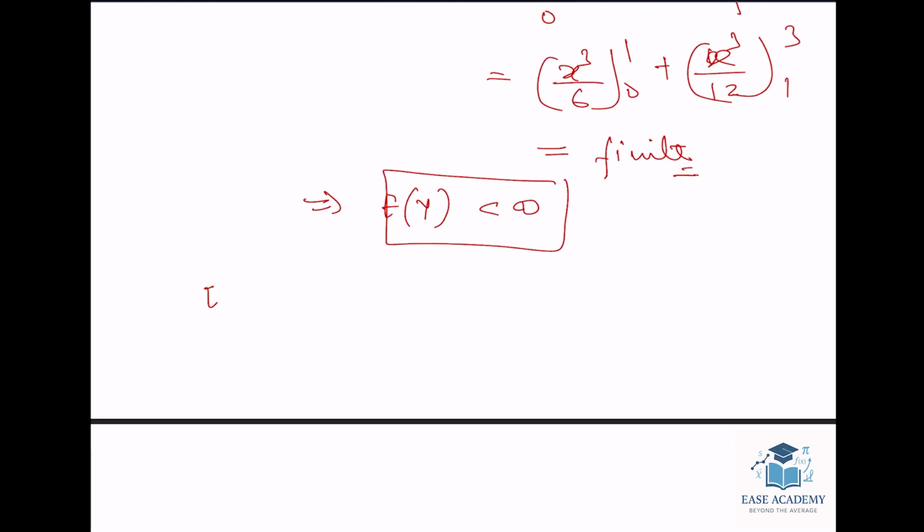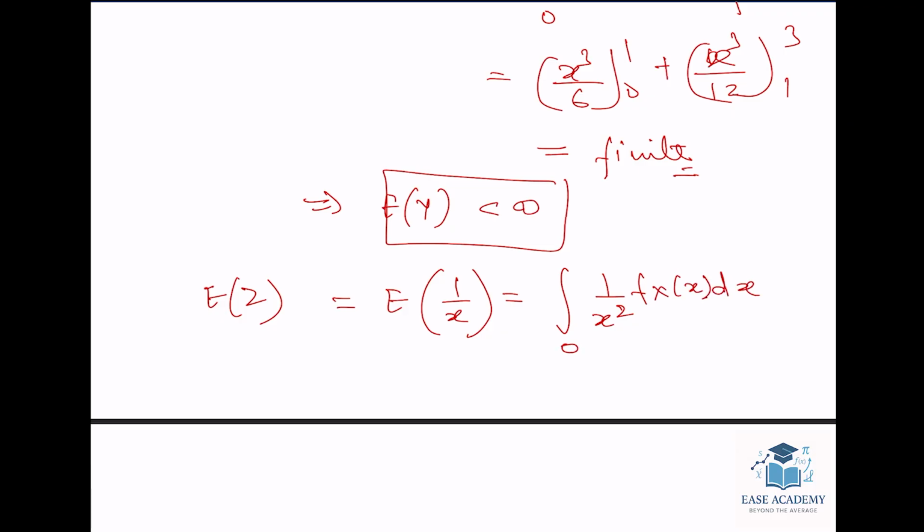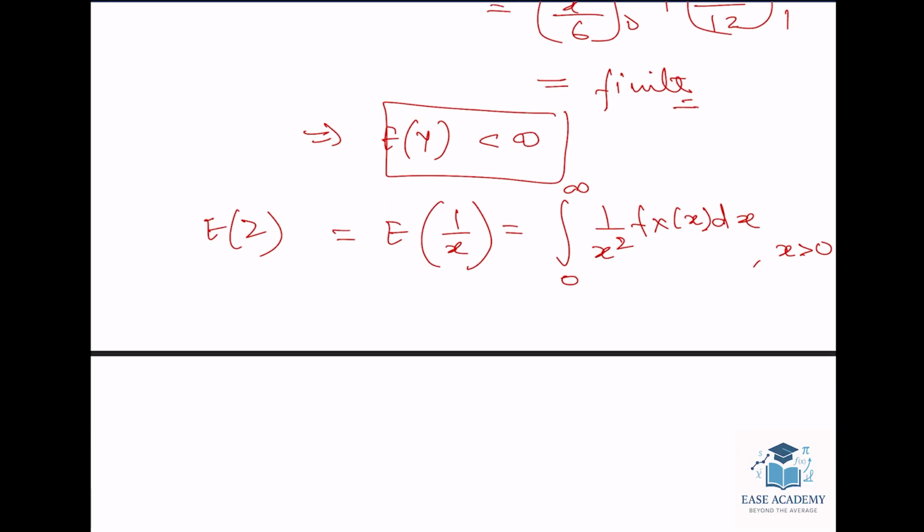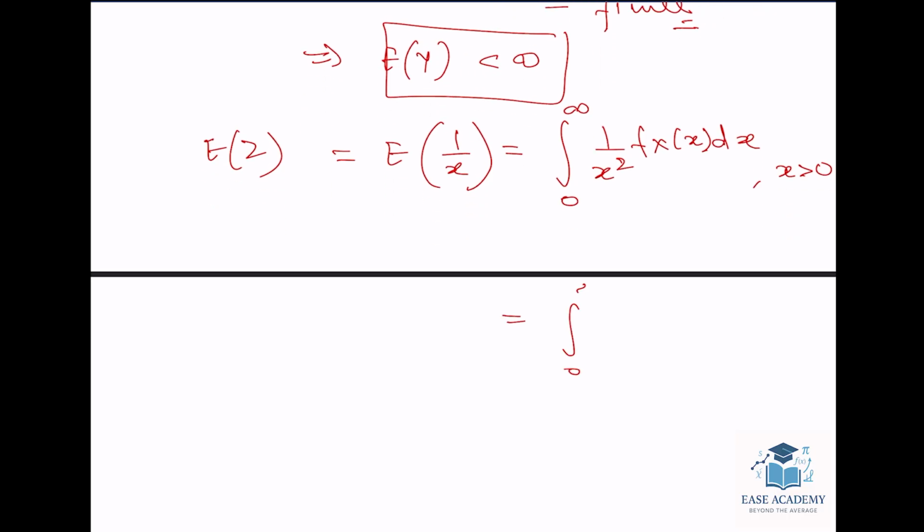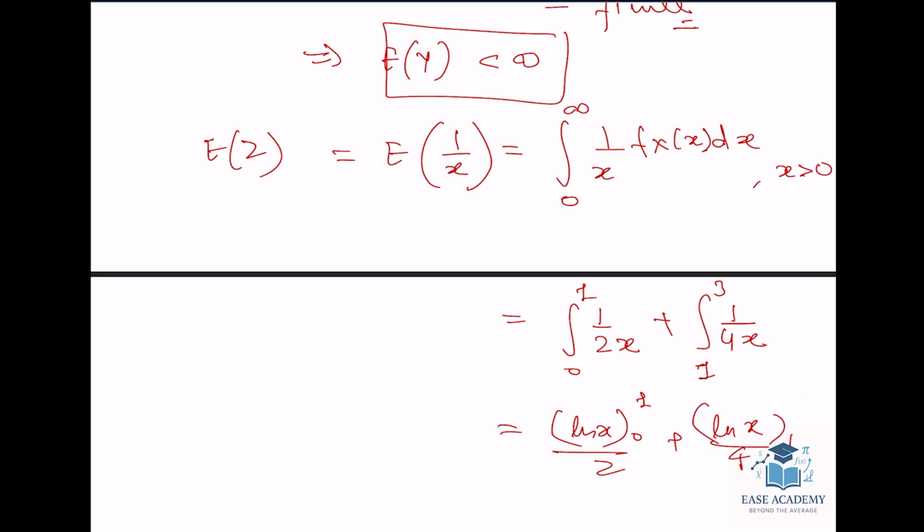Now let us check for expectation of z, that is nothing but expectation of 1 by x. Again take integration of (1 by x) f(x) dx from 0 to infinity since x is greater than 0. Again split from 0 to 1, that is 1 by 2 times 1 by x, plus from 1 to 3, 1 by 4x, that is ln x from 0 to 1 by 2 plus ln x by 4 from 1 to 3.